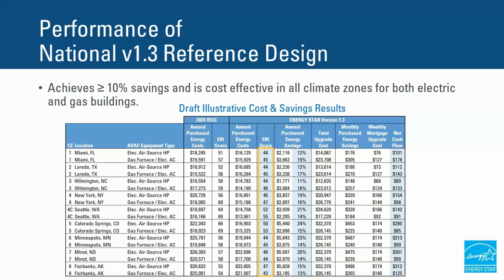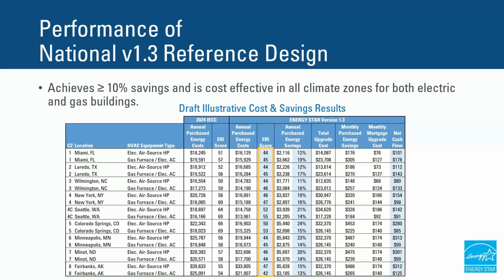And as you can see by the averages from the building, most of those are 44, 45, or 46. So based on our initial modeling, that's what we see, but we know that the final range could vary by software. And also, we know that there's a lot of different multifamily building types and units, and so the range could be much bigger just depending on what type of unit you have.